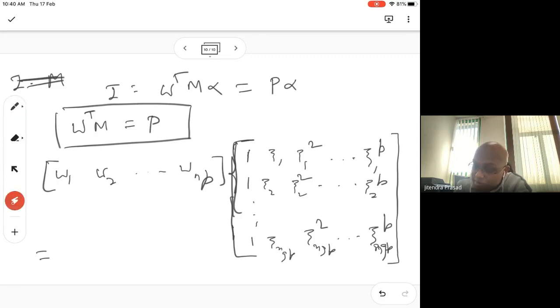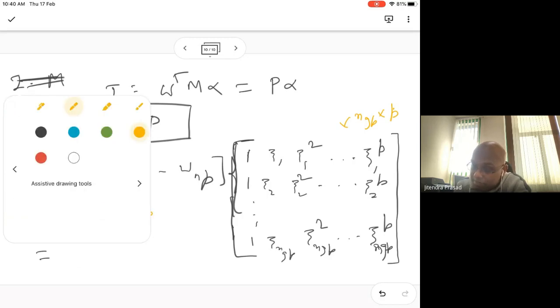This is equal to, we have this 1 by ngp, and this is ngp by p. So here we get a matrix which will be 1 by p, right?